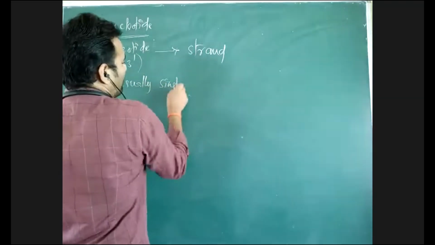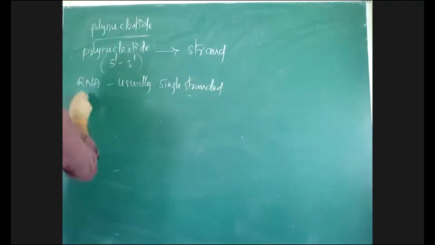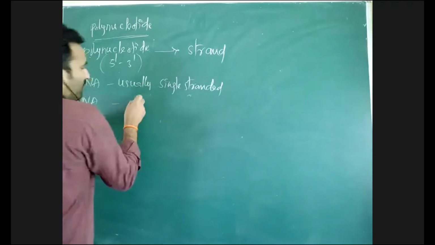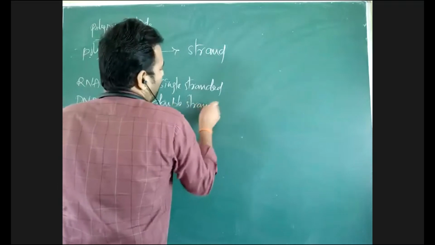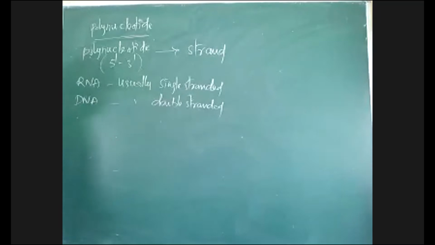RNA is usually single stranded. DNA is usually double stranded. RNA is usually a single stranded molecule and DNA is usually a double stranded molecule.